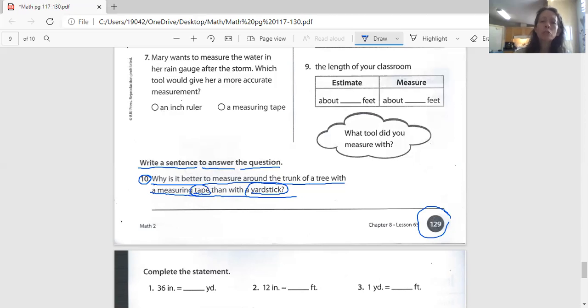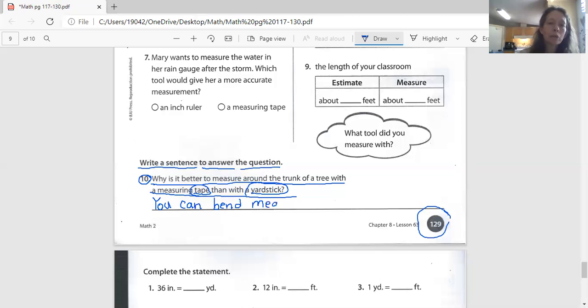So it's better to use a measuring tape, but why? You might say you can bend the measuring tape. That's why. So let's write that down. Remember all sentences start with a capital letter. You can bend measuring tape.